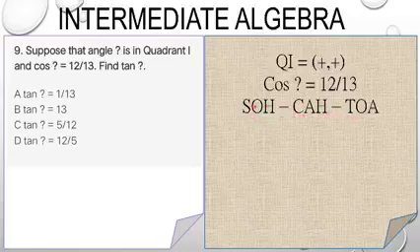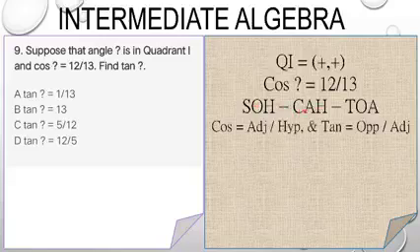Yung CAH naman stands for cosine, which is equal to adjacent over hypotenuse. TOA stands for tangent, is equal to opposite over adjacent. So here, meron naman tayong tatlong sides, okay? And these are your adjacent, hypotenuse, and your opposite side. Since we have the presence of hypotenuse, makikita lamang natin yung hypotenuse side in a right-angled triangle.